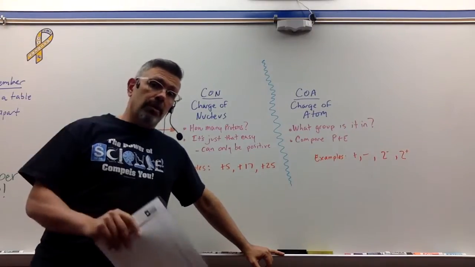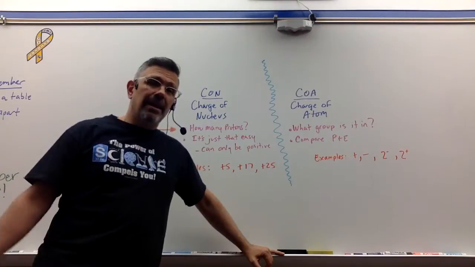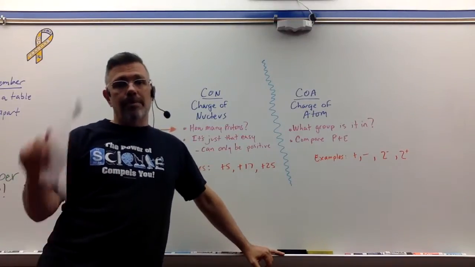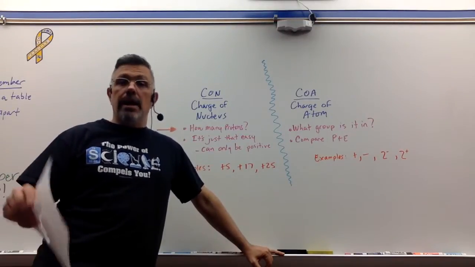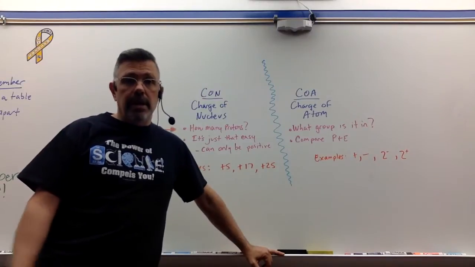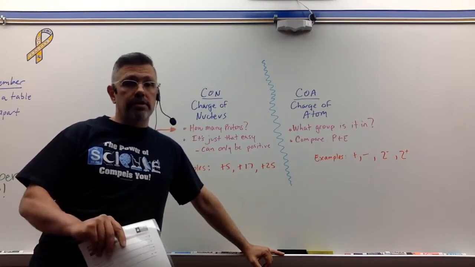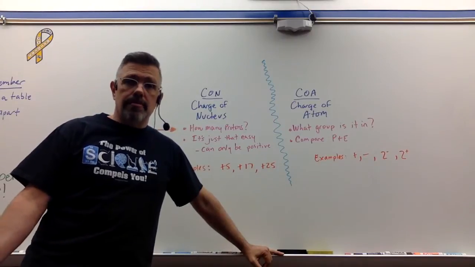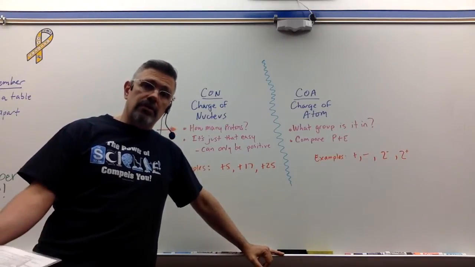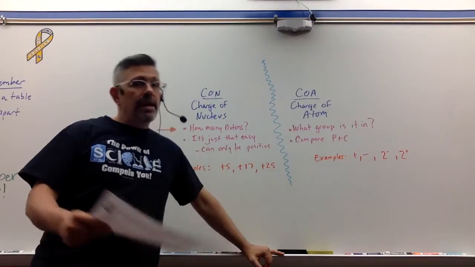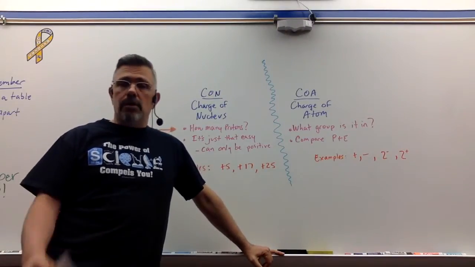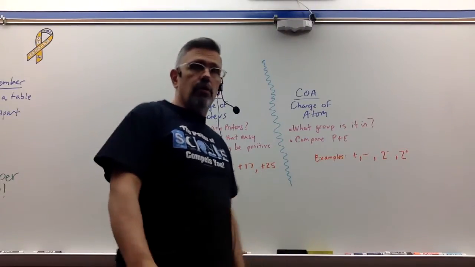Remember, nonmetals collect electrons to form negative ions. An ion is simply an element that has either gained or lost electrons. Metals will lose electrons to form positive ions, and nonmetals will gain electrons to form negative ions.